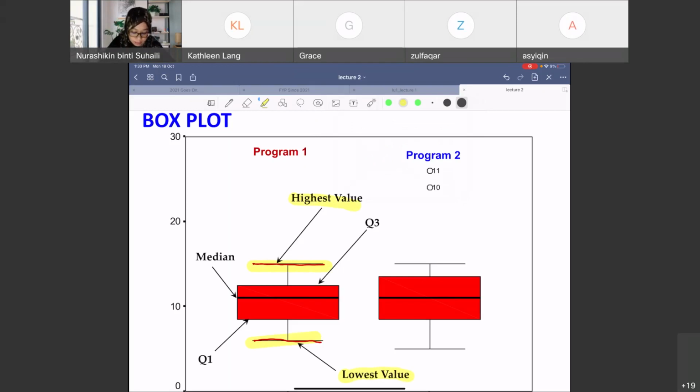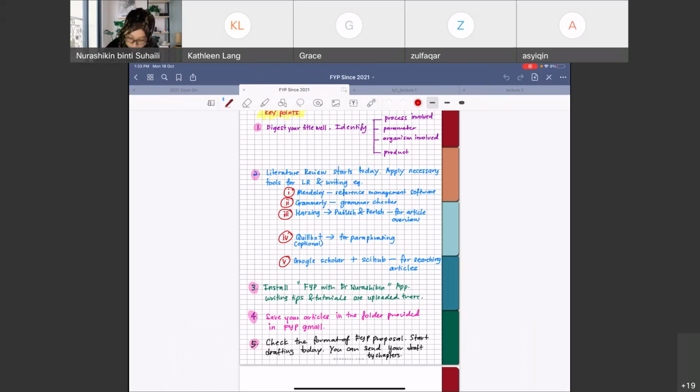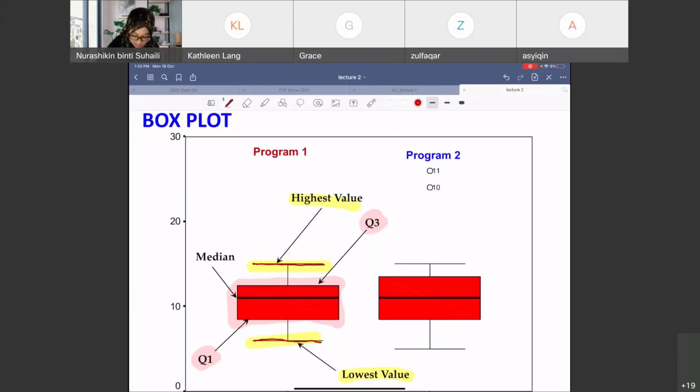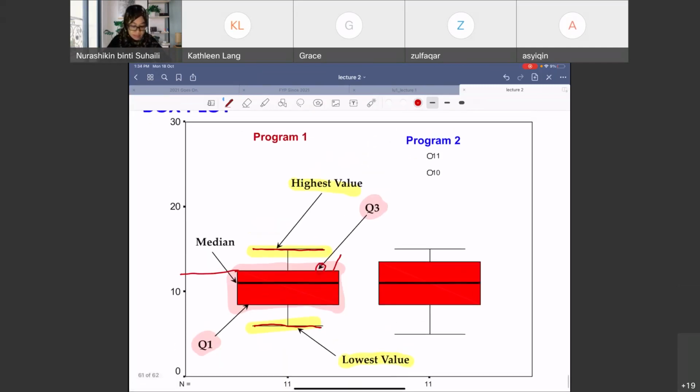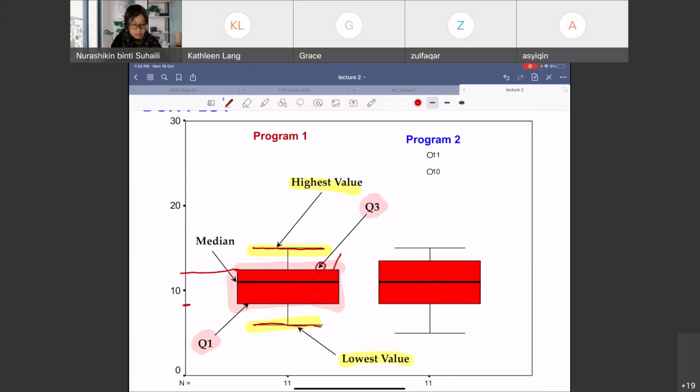And then in the middle, it has this box. The lower part of the box represents Q1, the upper part represents Q3. When you plot it, you have the axis, you have the value that you plot based on.